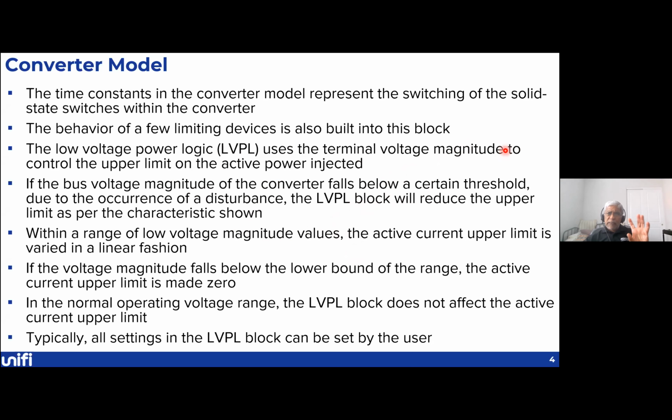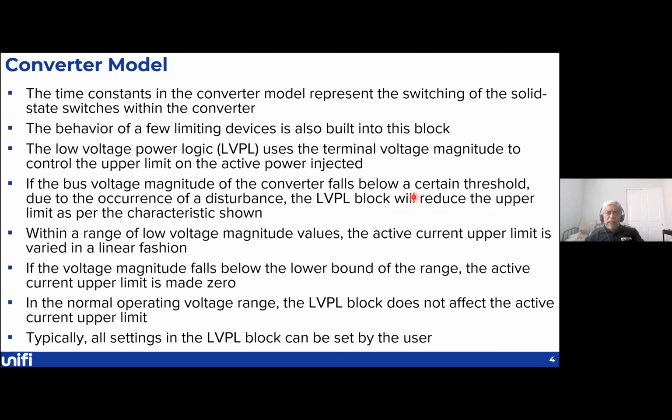And if the bus voltage magnitude of the converter does fall below a certain threshold, say because of a disturbance, the LVPL block will reduce the upper limit as shown in the characteristic, which is basically a linear characteristic. It varies within low voltage magnitude values, and the current limit is then varied in a linear fashion.